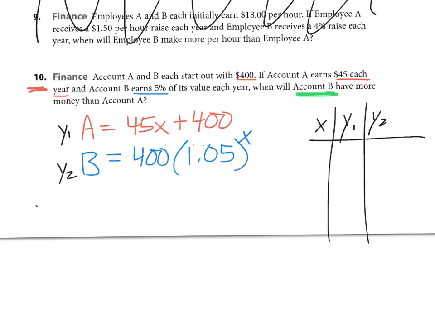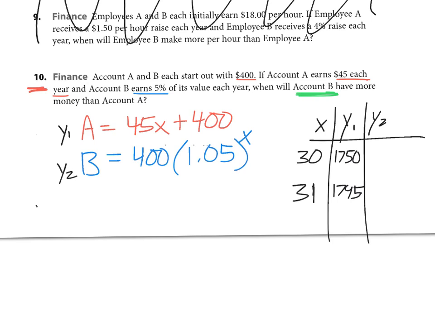So I'm going to go ahead and put these two functions in. 45x plus 400, and 400 times (1.05) raised to x. Go to my table, and if I scroll down, the place where these two change over is between 30 and 31. At 30, this one was 1750, and at 31, this is 1795.